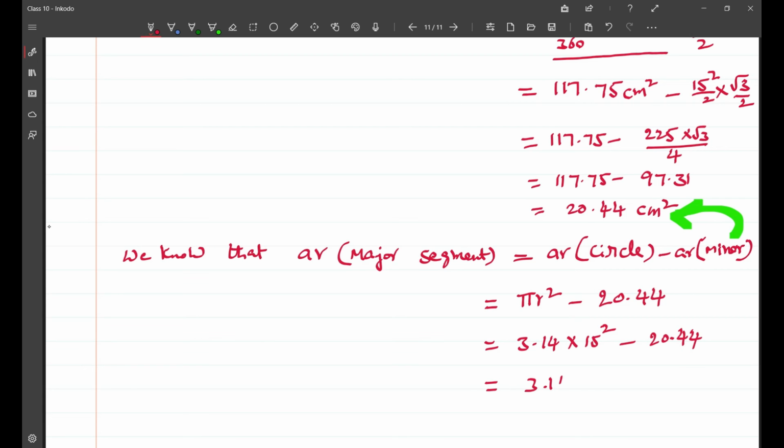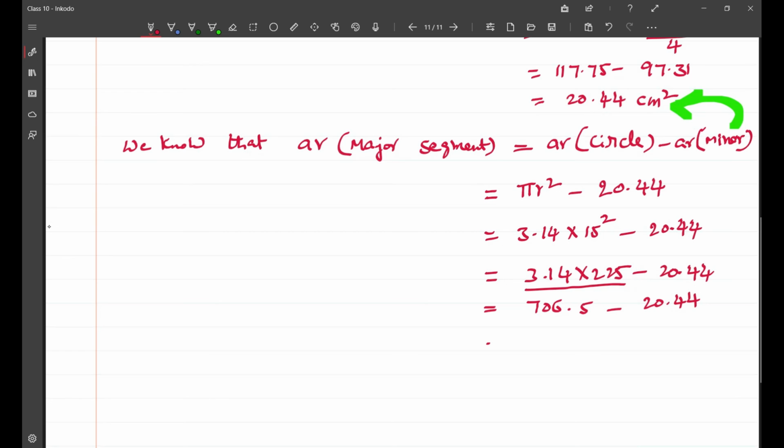Then 3.14, 15 square is 225, minus 20.44. After multiplying we will get 706.5 centimeter square minus 20.44, that is equals to 686.06 centimeter square.